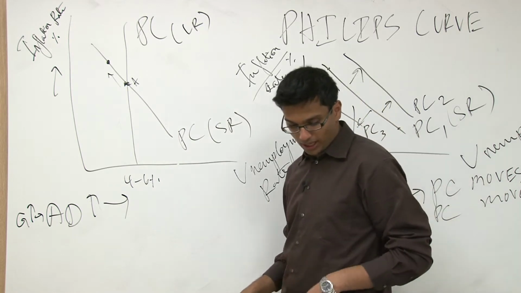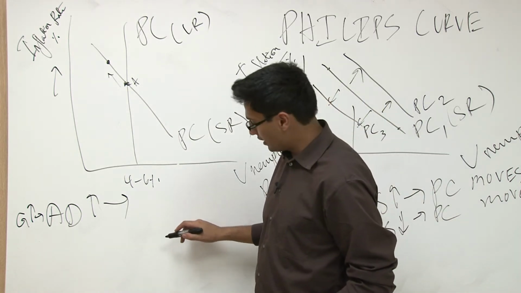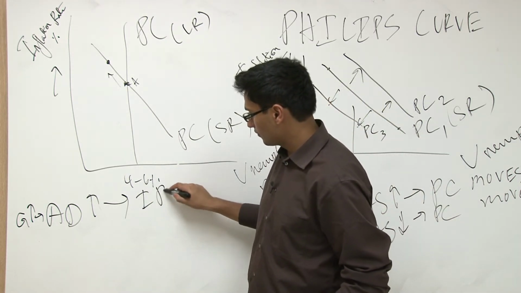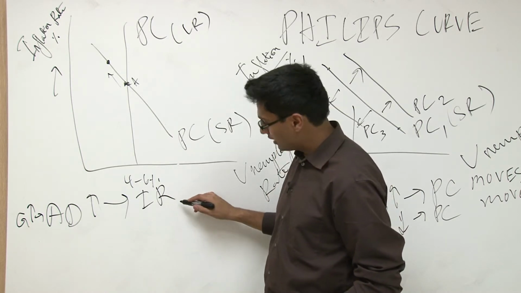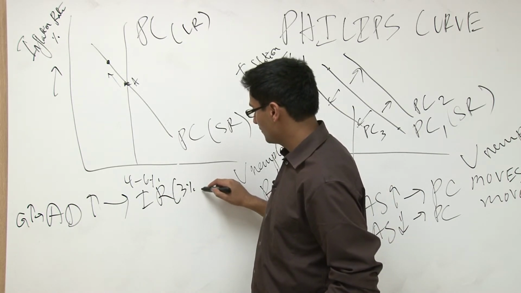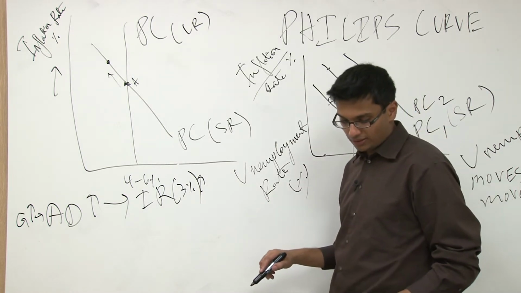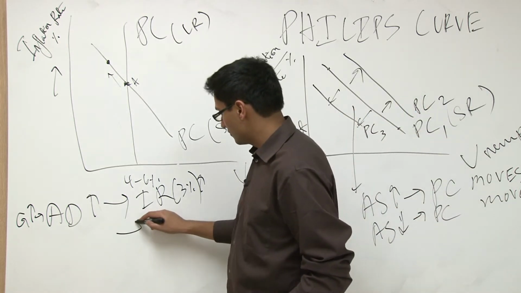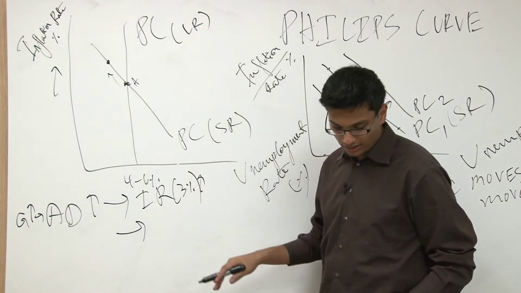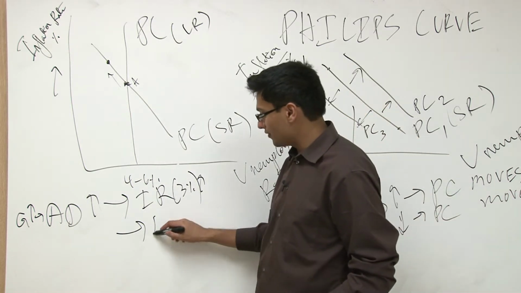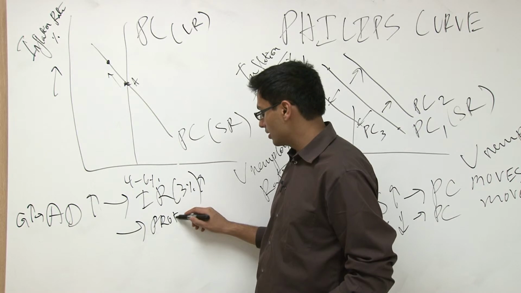If AD went up, the interest rate at 3% actually goes up. The 3% was just an example. If that goes up, interest rates go up, profits go up. Why do profits go up?